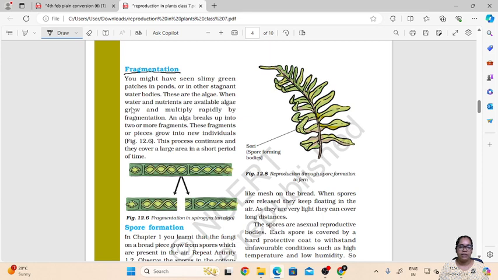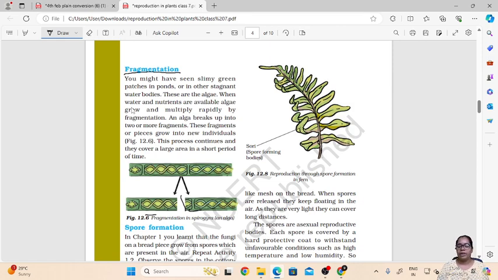Spirogyra is a type of algae which reproduces asexually through fragmentation. This is a strand of an individual algae. What happens here is this strand breaks into two fragments, and then both the fragments individually again undergo fragmentation to form new individuals. So this is how algae reproduce asexually through fragmentation.